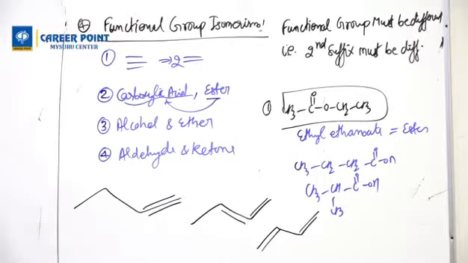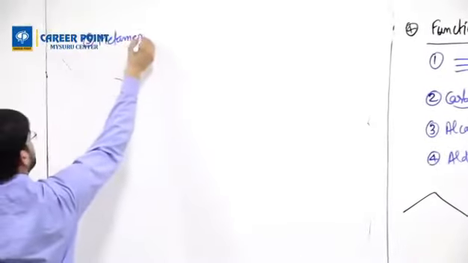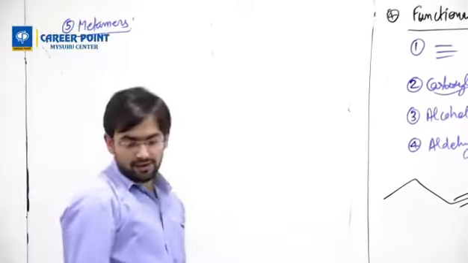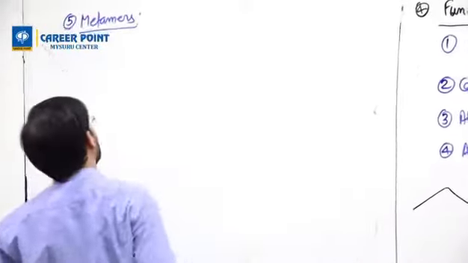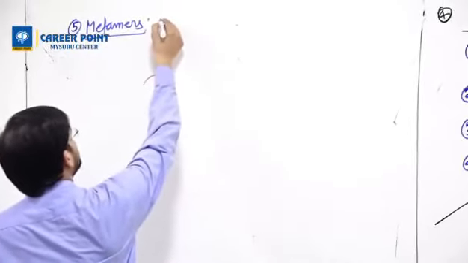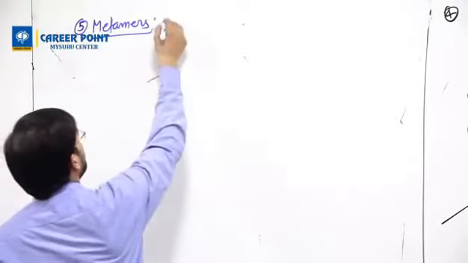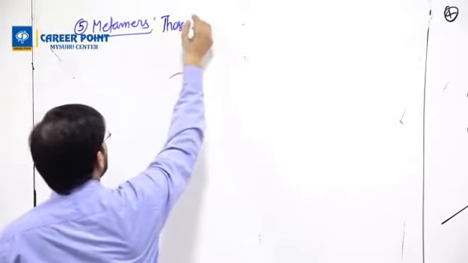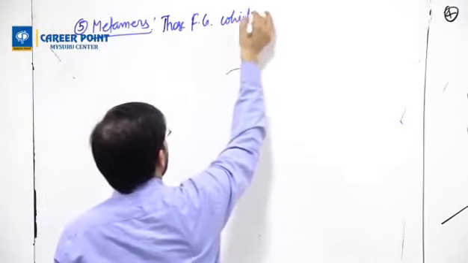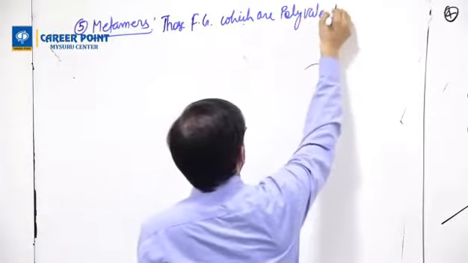Then we have the fifth one, which is known as metamers, or metamerism. Now in this case, this isomerism is shown by those functional groups which are polyvalent.